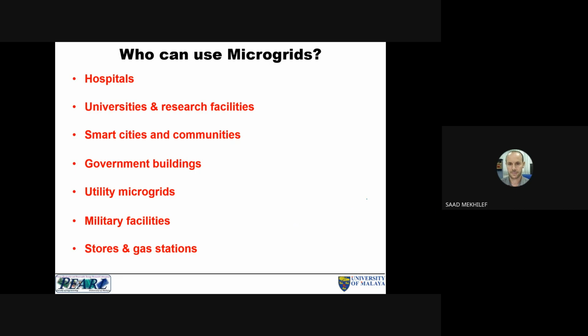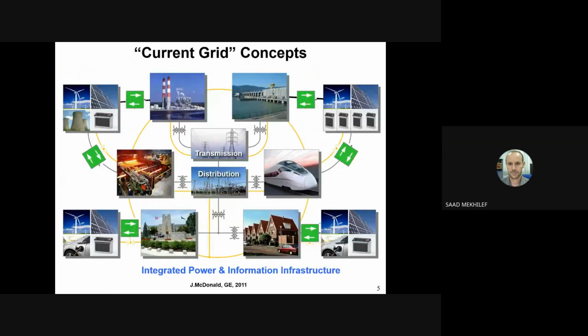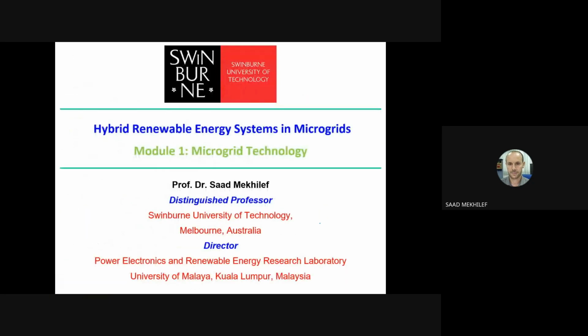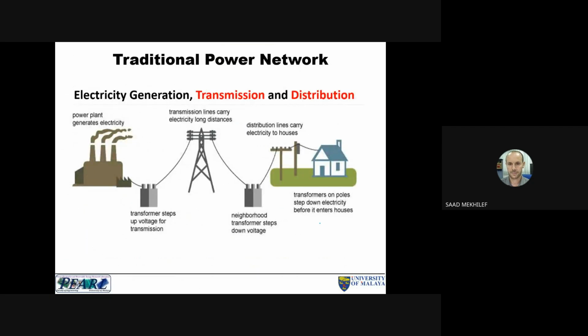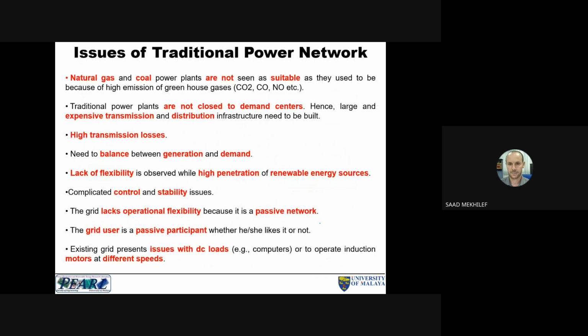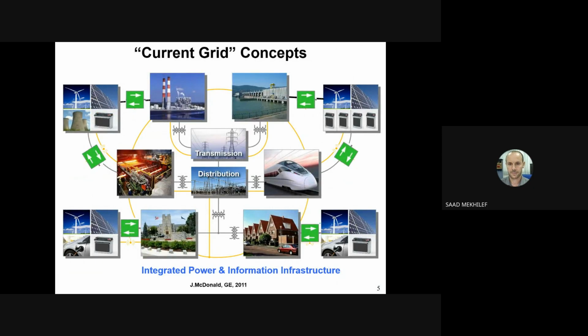Okay, so good morning, everyone. We are going to continue where we stopped yesterday. Just to recap what we discussed yesterday, we looked into the traditional grid and the issues with traditional grids. Then we looked into the new or current grid concepts, which are still evolving.